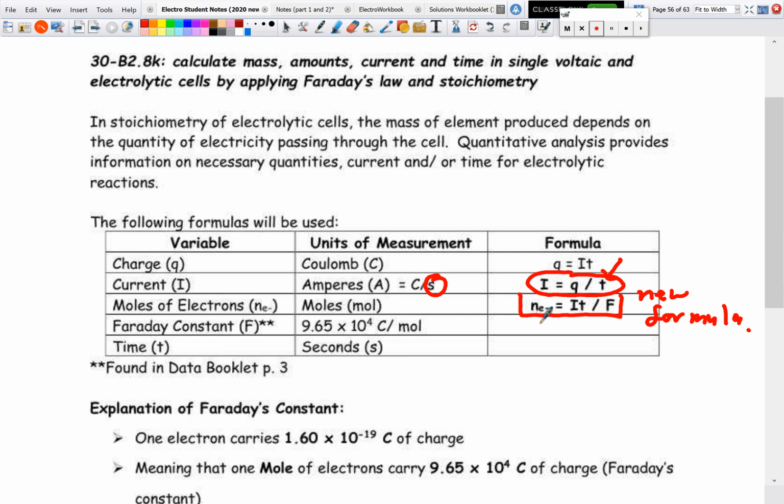We are identifying electrons because n is just moles, but in half cells electrons show up, and power sources supply electrons, so this is what we're counting. It's equal to IT over F, where I is the current, T is the time in seconds, and F is Faraday's constant. Faraday's constant is 9.65 times 10 to the power of 4 coulombs per mole, and time is in seconds.